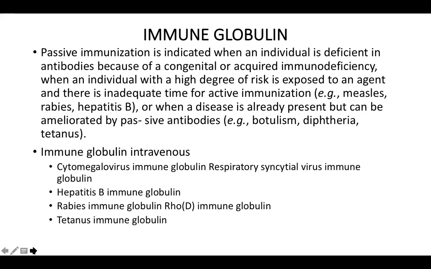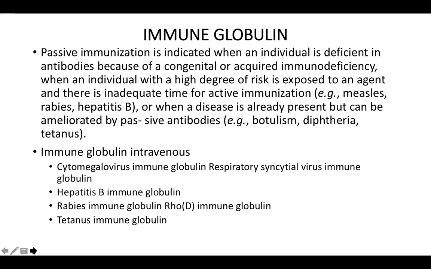An individual with a high degree of risk is exposed to an agent, and there is inadequate time for active immunization. That means measles, rabies, or hepatitis B has already set in. You cannot give a vaccine for these because it takes time to convert antigen into antibody. That is why, when the disease is already present, you need to give antibodies.